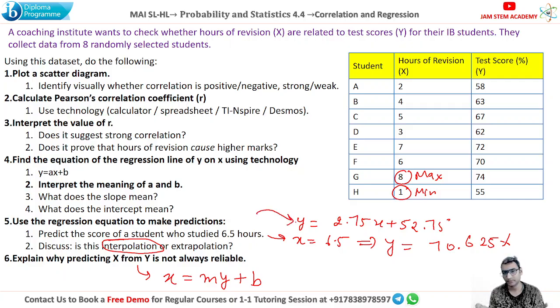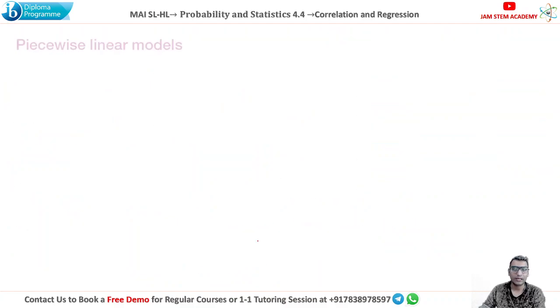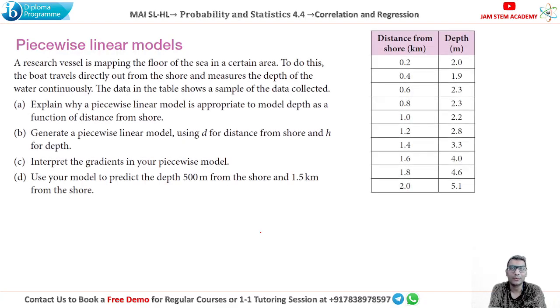But do not use this same equation for solving for x. As I already explained this, now let's talk about the piecewise linear model, the last topic for today. We have already seen how to get the equation of linear regression for the given data set, but sometimes you may end up getting data which is divided into two pieces or three pieces.